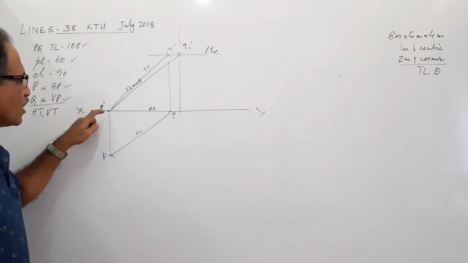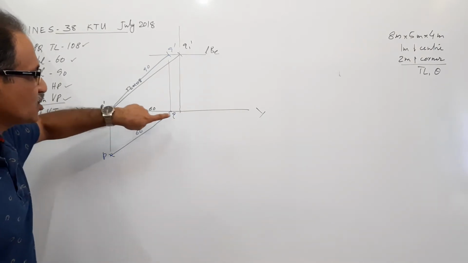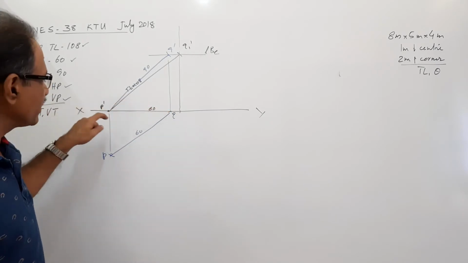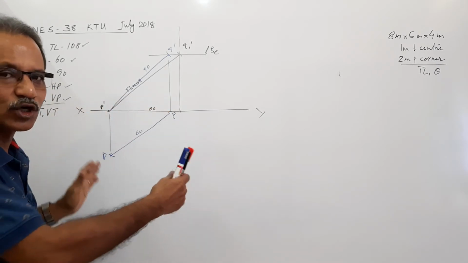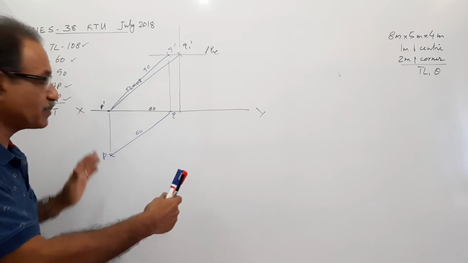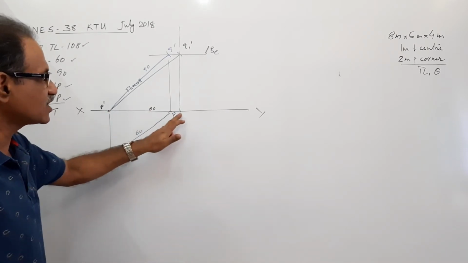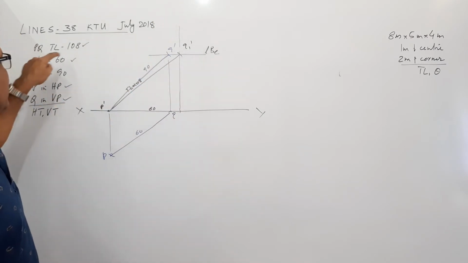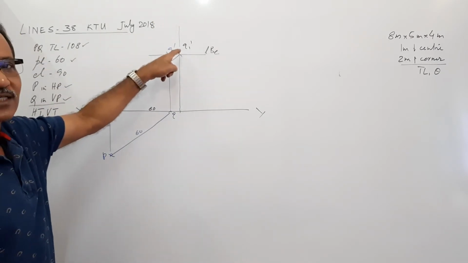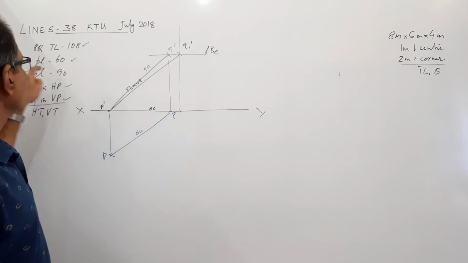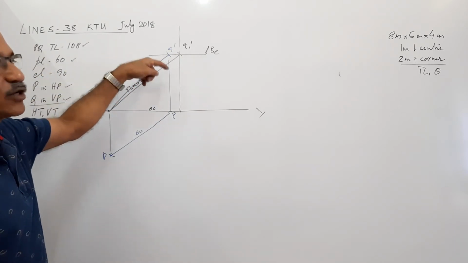I repeat: locate P dash, take 60 horizontally. We don't know where the plan of this point is. That is why you don't draw PQ1 initially, but you take the distance 60 and draw a projector. On to that, take the true length and cut Q1 dash. Draw the locus through Q1 dash, take the elevation length 90 and cut, you get Q dash.